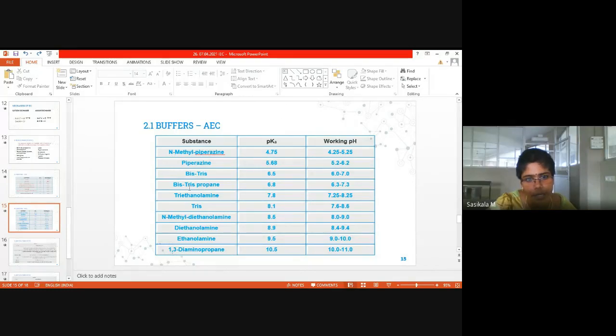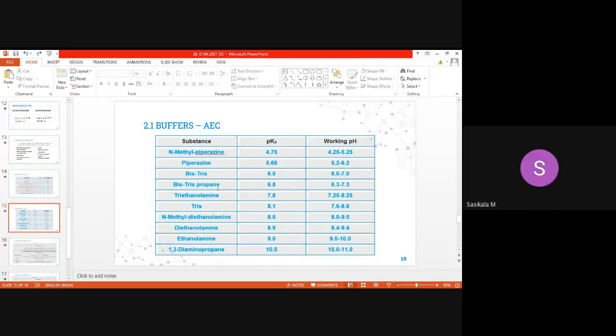Piperazine, tris buffer, tris propane. These all amines will be useful for anion exchange chromatography. Even anion exchange uses positively charged amines only, quaternary amines.